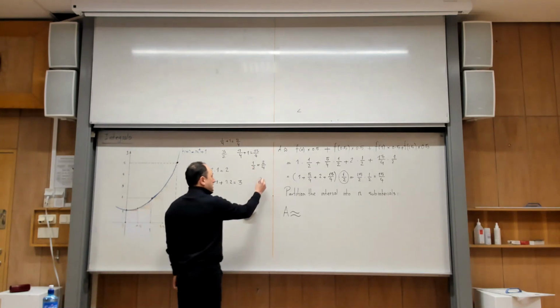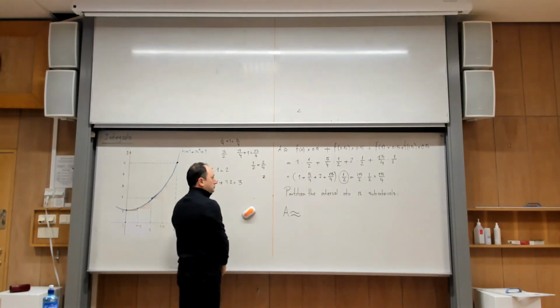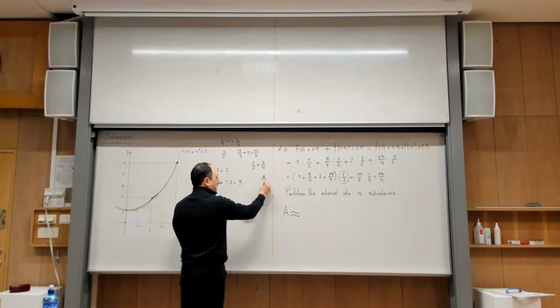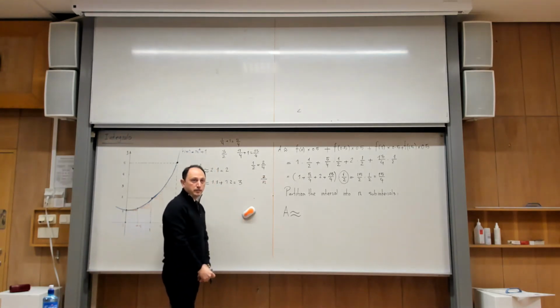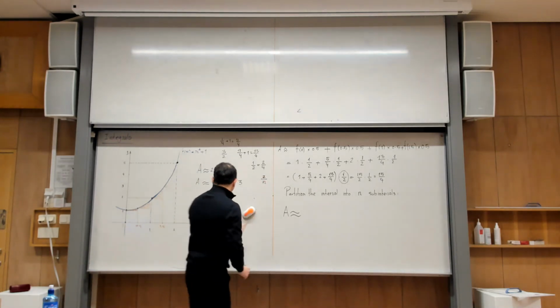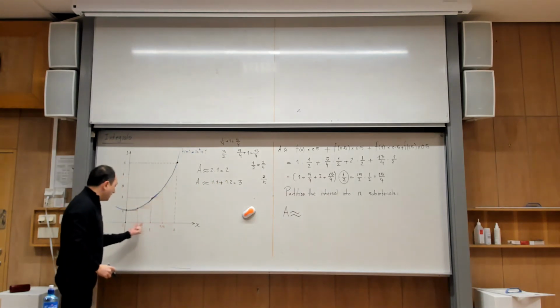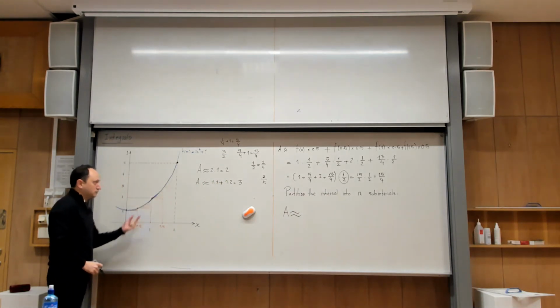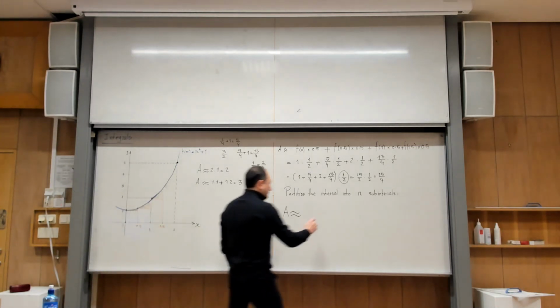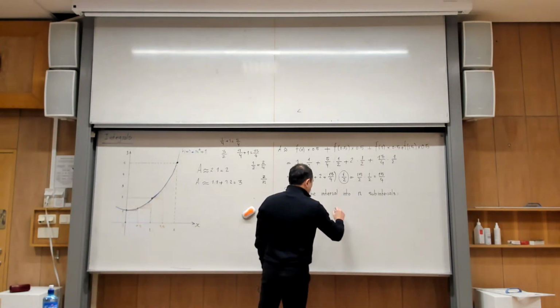Now in this case, the length of my interval is 2, and I divide it into n equal pieces this time. So the width of each one of these sub-rectangles would be 2 over n.